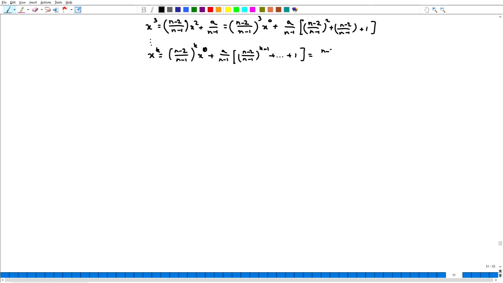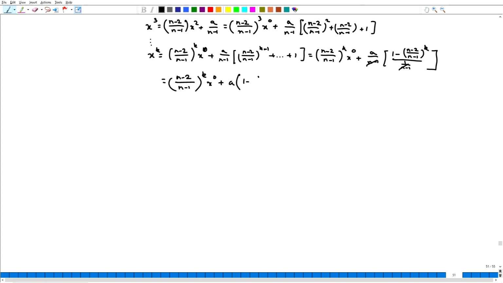So, that will be ((n-2)/(n-1)) power k x0 plus a/(n-1) into (1 minus ((n-2)/(n-1)) power k) by (1 minus (n-2)/(n-1)), which is 1/(n-1). So, this and this cancels. So, you have ((n-2)/(n-1)) power k x0 plus a into (1 minus ((n-2)/(n-1)) power k).